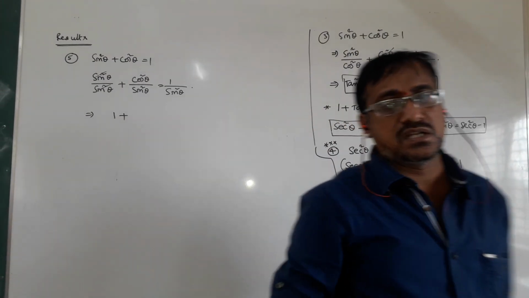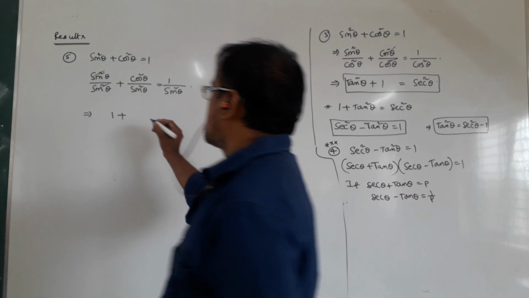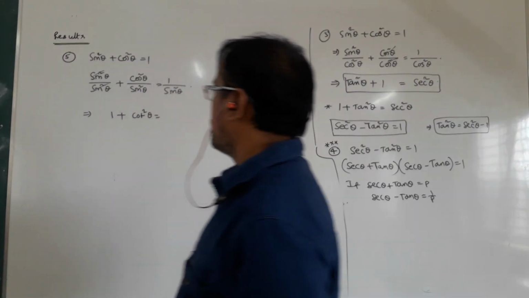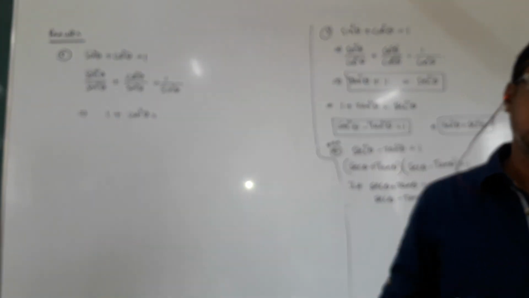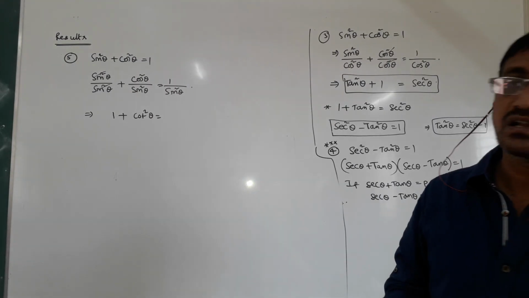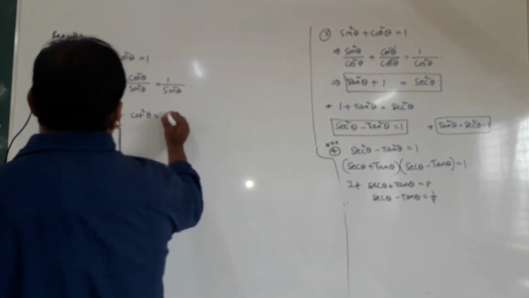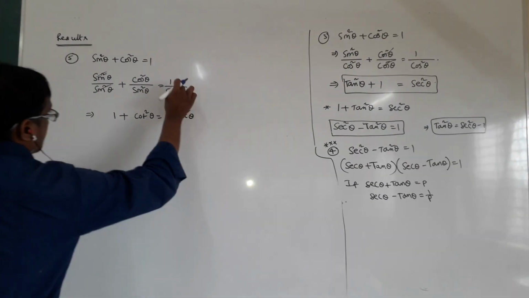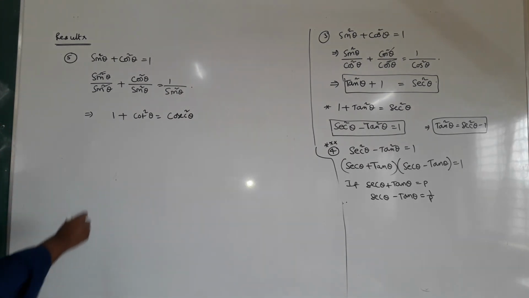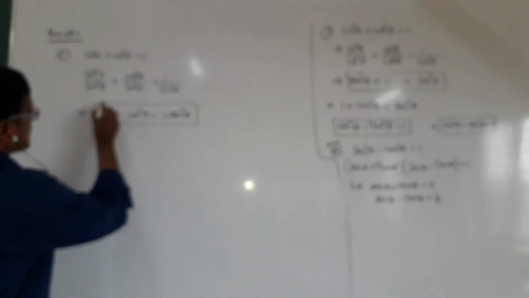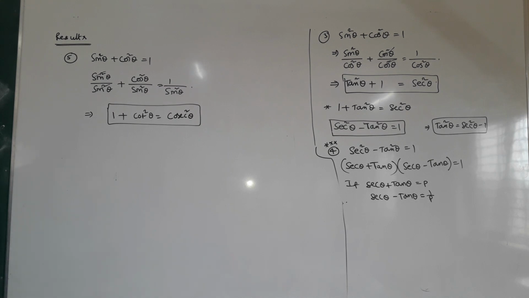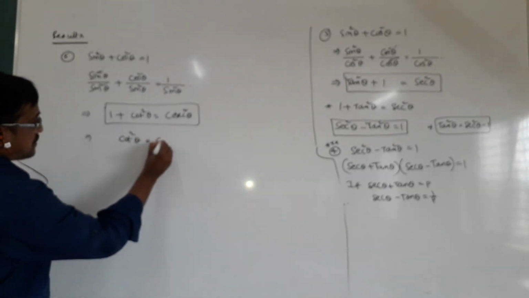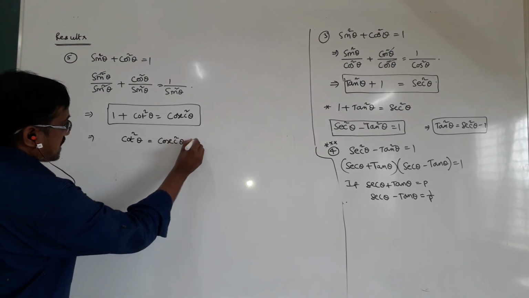Cos theta by sin theta is cot theta. So you will get 1 plus cot square theta is equal to, what is 1 by sin theta? It is the reciprocal of sin. Reciprocal of sin is cosecant square theta, since we have square. So the formula is 1 plus cot square theta is equal to cosecant square theta, and cot square theta is equal to cosecant square theta minus 1.